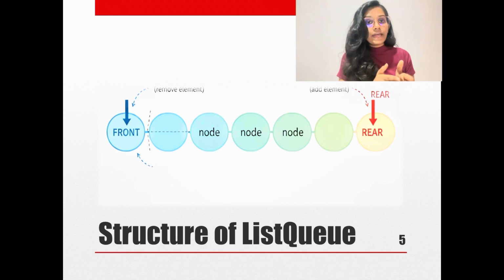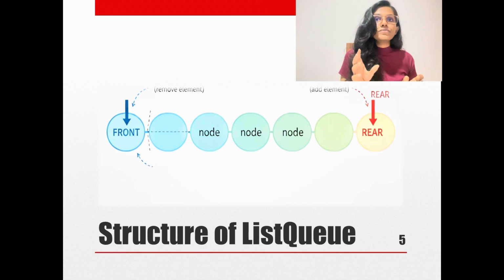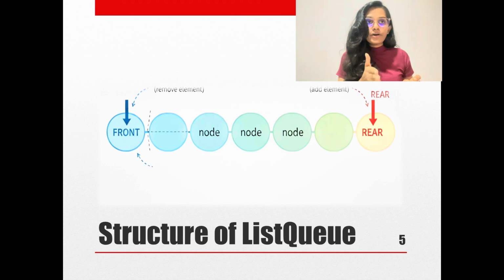When you perform an NQ, the new node is linked at the end and the rear pointer moves to this next node. When you DQ, the node at the front is removed and the front pointer moves to the next node. If the queue becomes empty, both the front and the rear pointers are set to null.